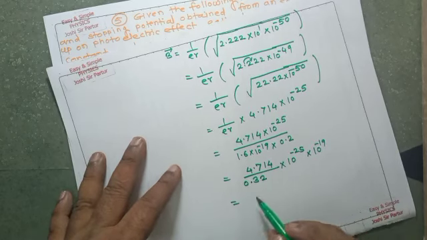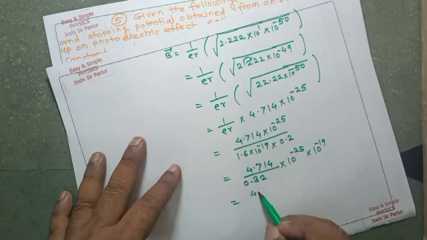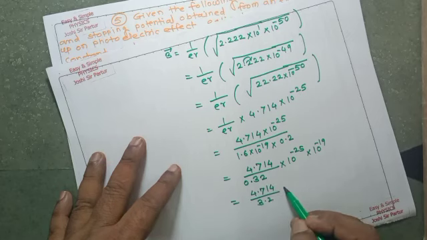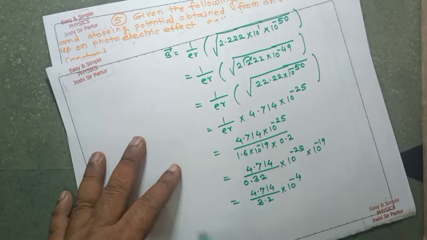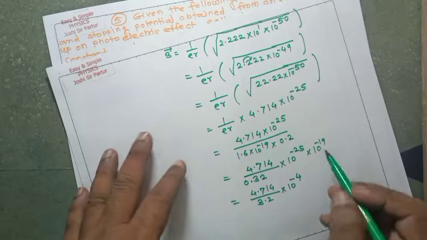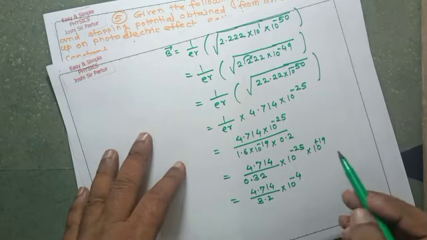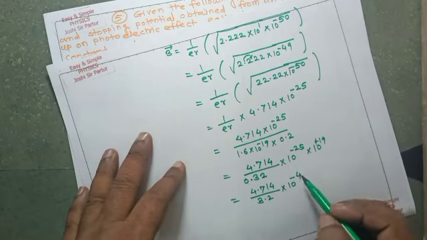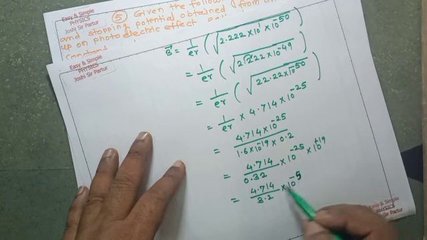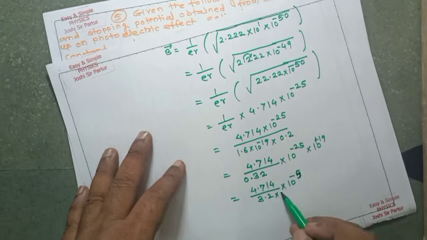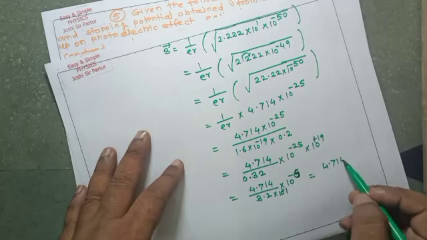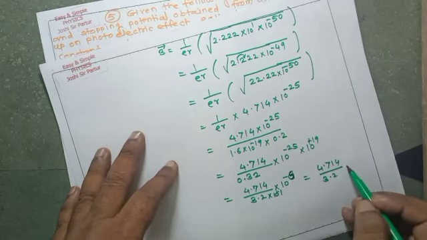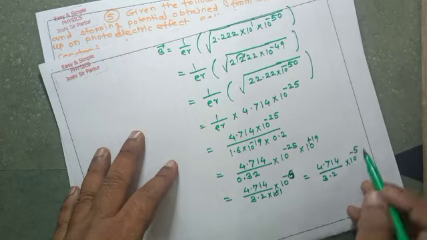So it will be 4.714 upon 3.2 into 10 to the power minus 4, because plus 19 it will be 6. So 4.714 upon 3.2 into 10 raised to minus 5.